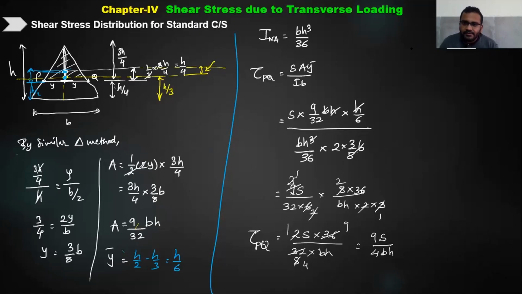Now tell me, what is the value of 9 by 4 in decimals? 2.25. 2.25, okay.